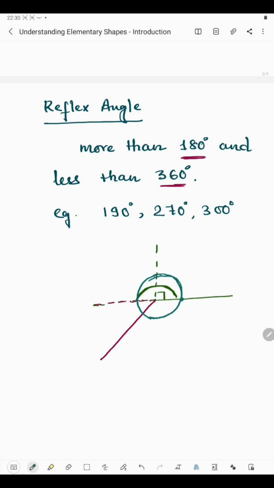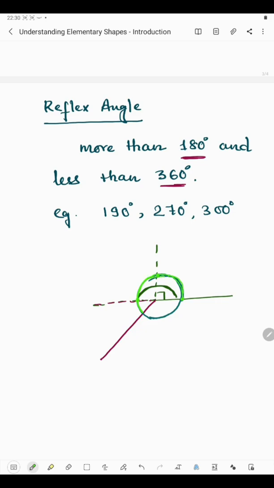That means suppose it is 0 degree from this way, if it starts moving and here it is 90 degree, then again it is going here. Now here is 180 degree. Now it is going beyond 180 degree. Okay.